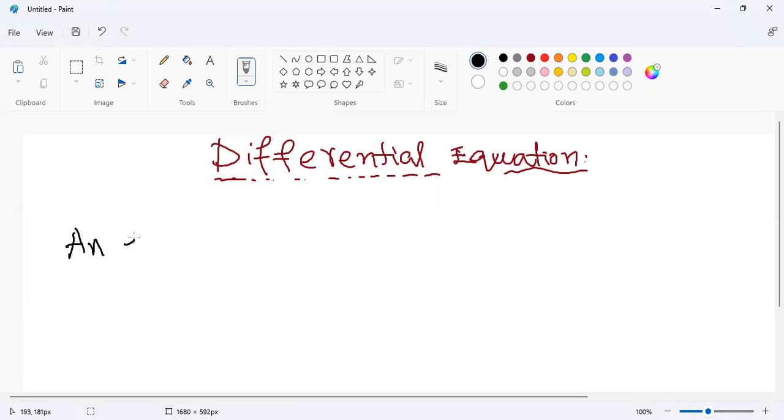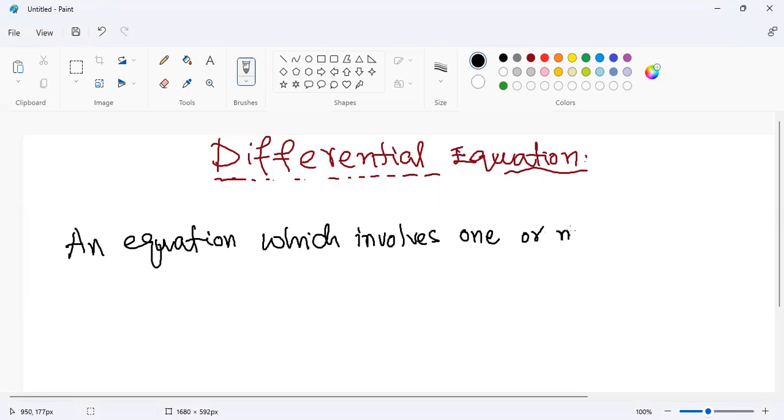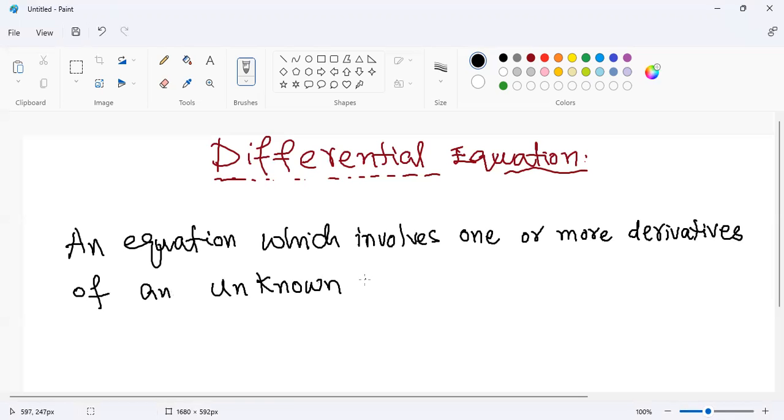An equation which involves one or more derivatives, I mean differentiation, one or more derivatives of an unknown function, or maybe sometimes functions.